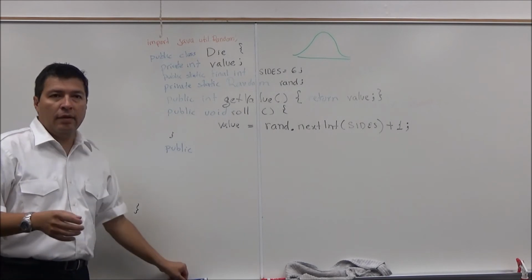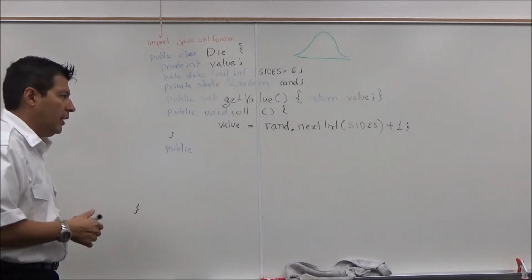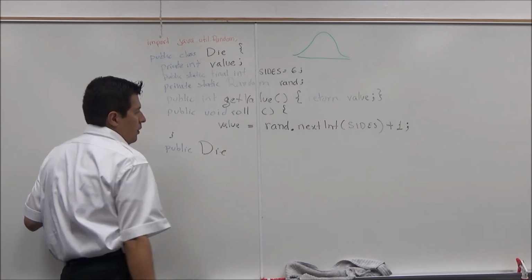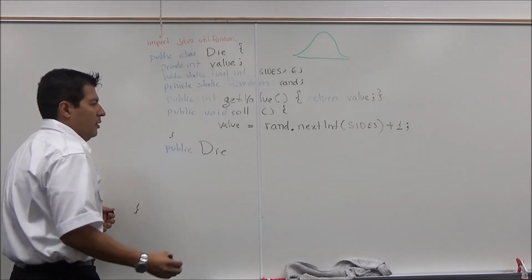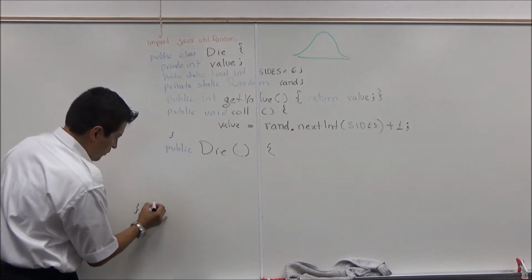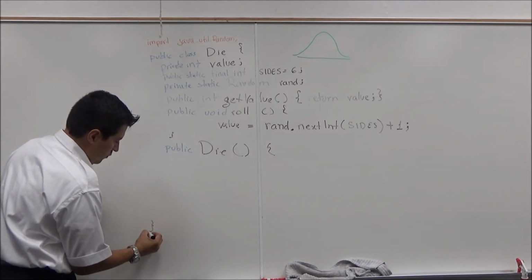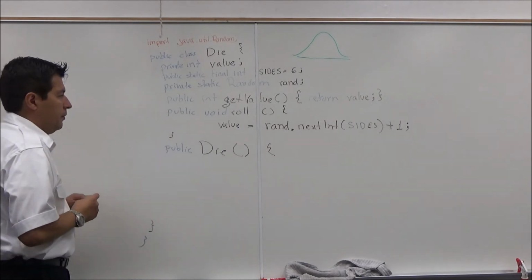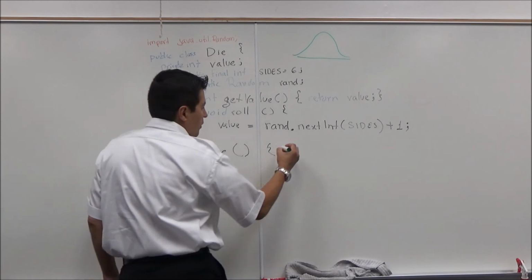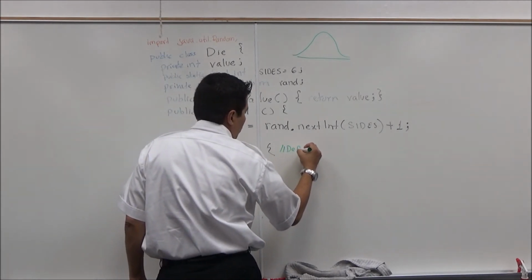And it's just a method with the same name as the class. And do I have any parameters? No, I don't have any parameters. Now, this is my default constructor.